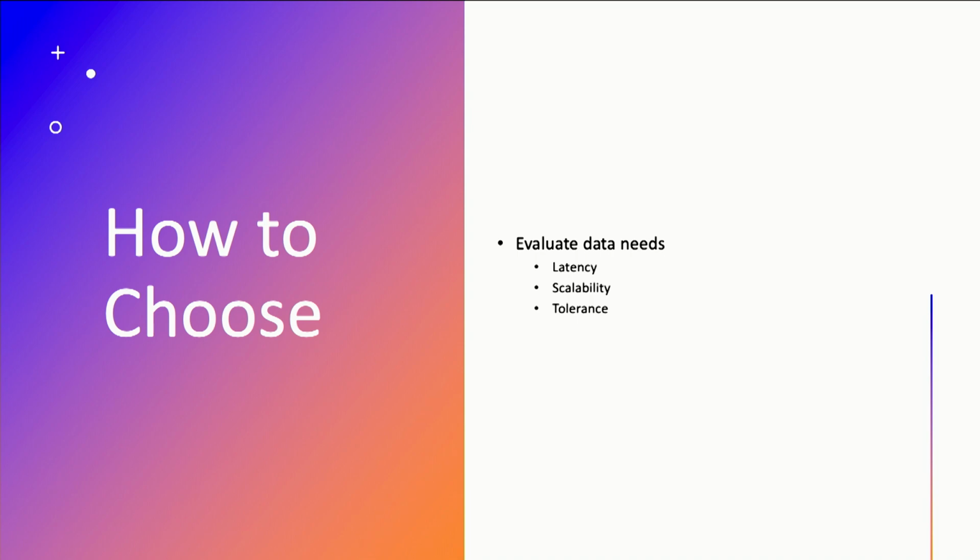Yeah, so those are the two endpoints of the spectrum. Of course, there are recent trends where people are trying to apply both, so you have a Kappa and a Lambda.